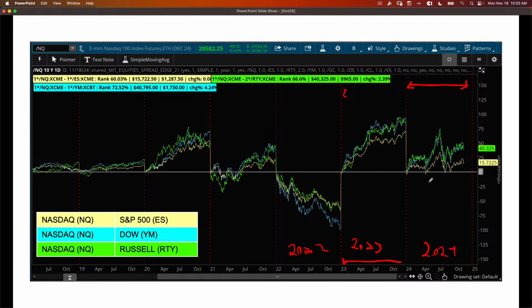The yellow line is the NASDAQ versus the S&P. The blue line is the NASDAQ versus the Dow. And the green line is the NASDAQ versus the Russell. Make sense so far?